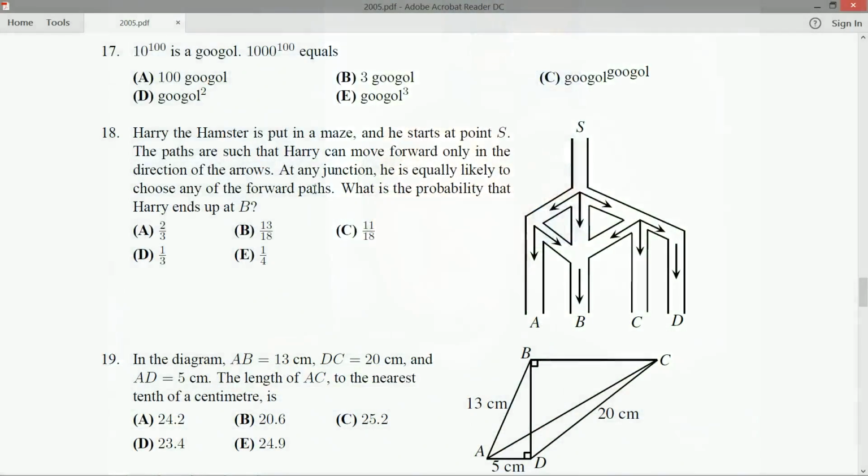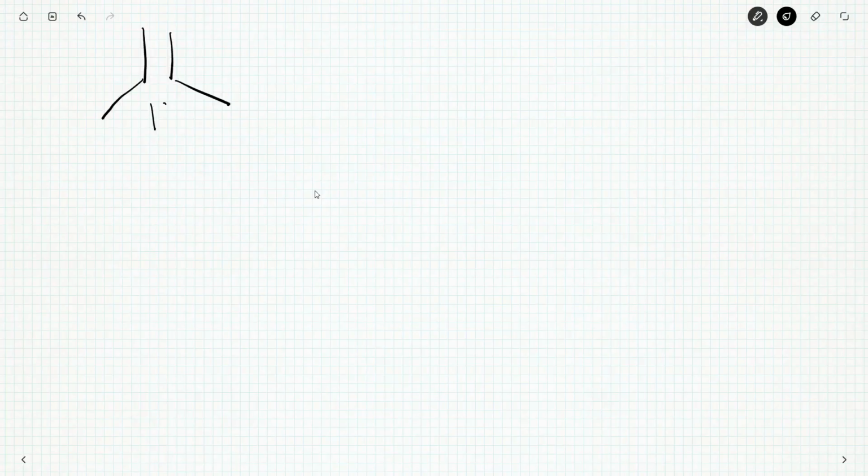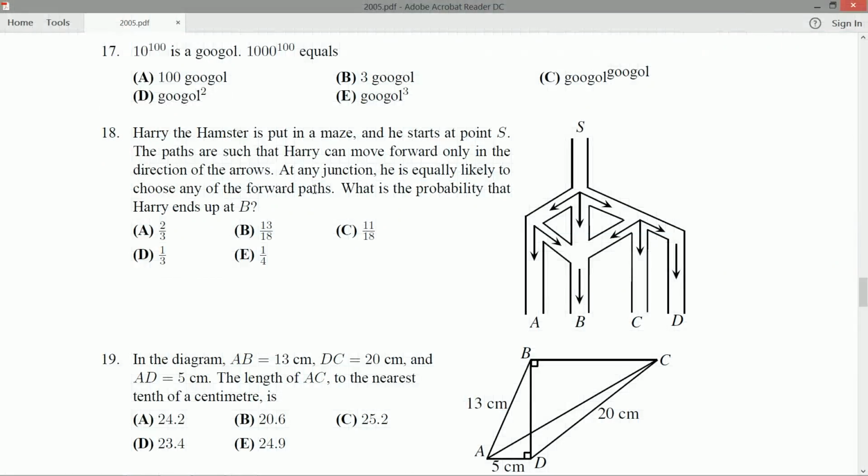So we're going to draw this picture here in our notepad. Okay, so it started at S, and then it branches off into 3 groups. Then branched off again down here. And what did the rest of the picture look like?